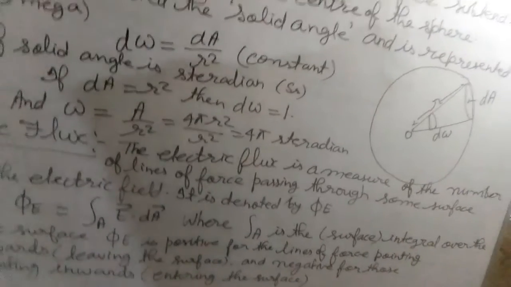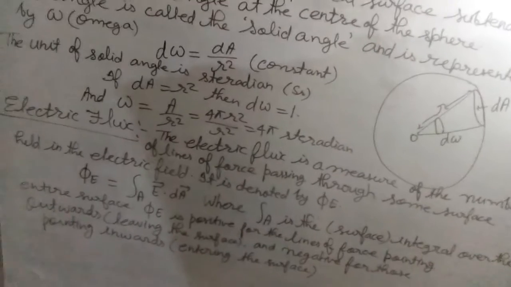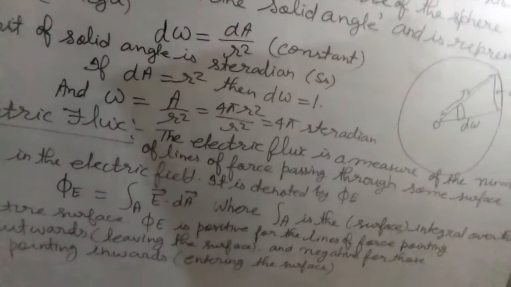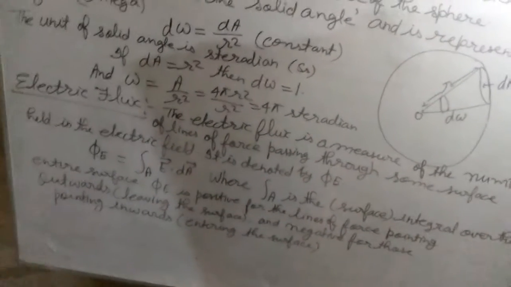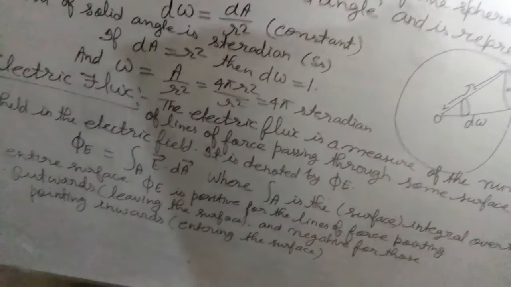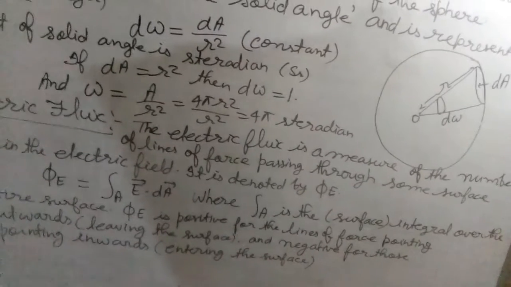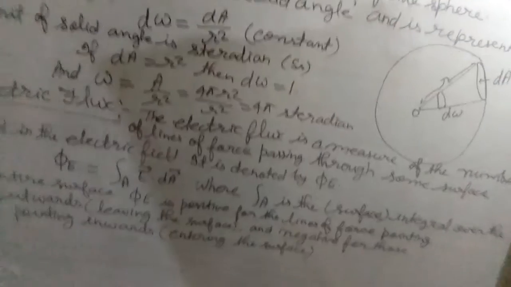dA is a small part of the surface area of the sphere, and if we take the whole surface, means we find the value of angle subtended by the whole surface of a sphere, then it becomes A, and the area of the whole surface is 4 pi r square.